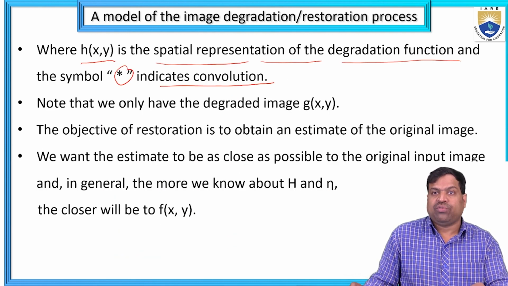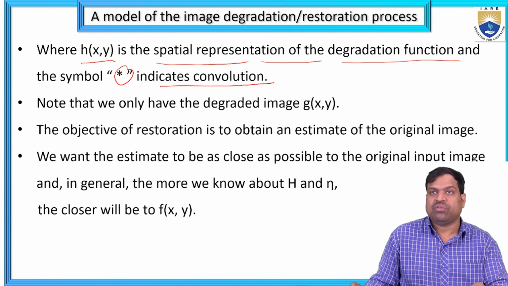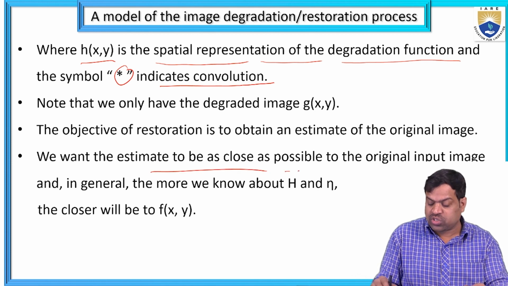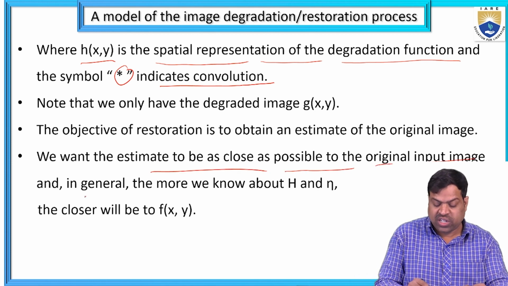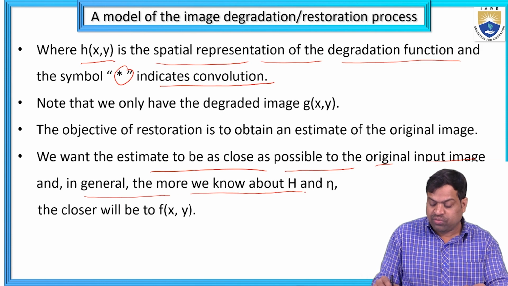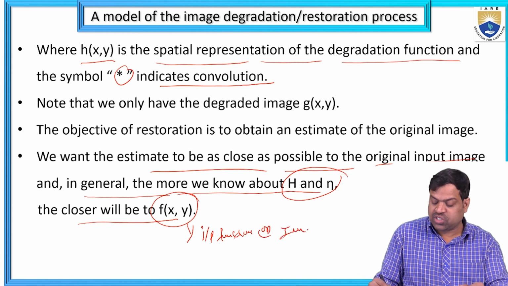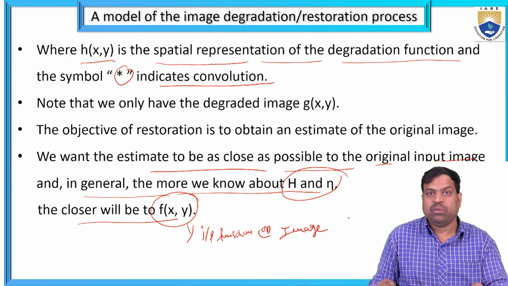The objective of restoration is to obtain an estimate of the original image, as close as possible to the original input image. The more we know about h and nu, the closer the estimate will be to f(x,y), the input function or image.